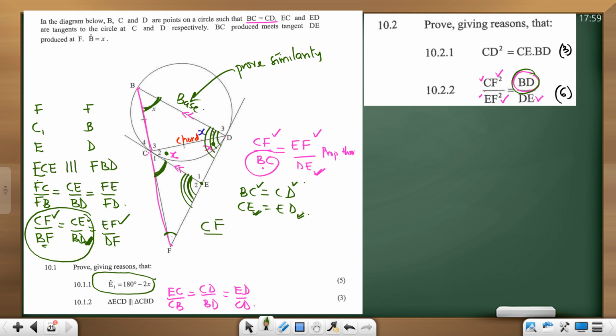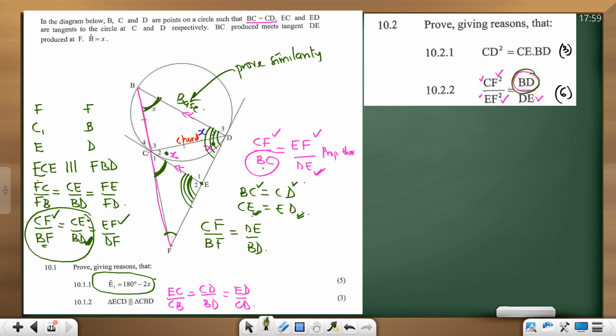But I want to check something. Okay, CF, I'll tell you where I am having a bit of an issue. Instead of writing CE, because CE is not in my final answer, what do I have? I have ED, or let's say DE, because they are equal, over BD.